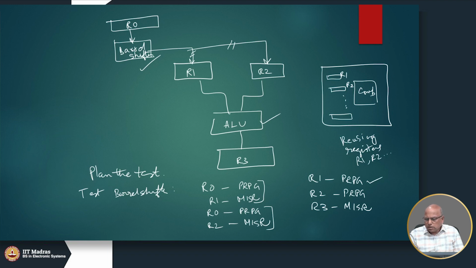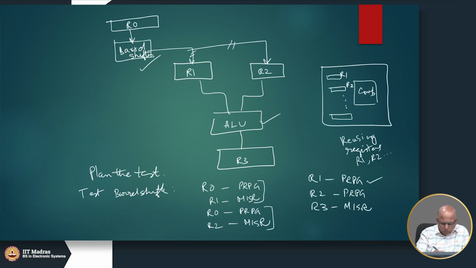Some extra XOR gates and some wiring, or multiplexers, may be required to convert an ordinary register into a BILBO.